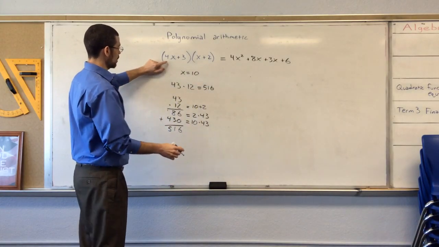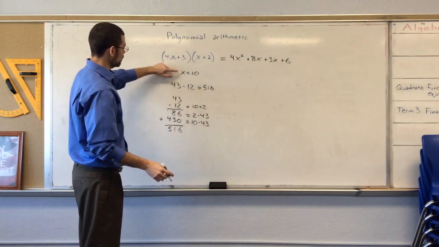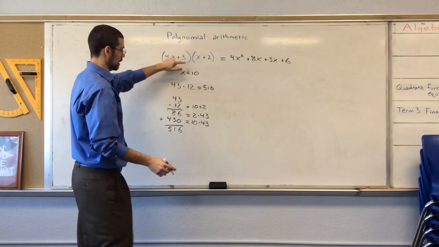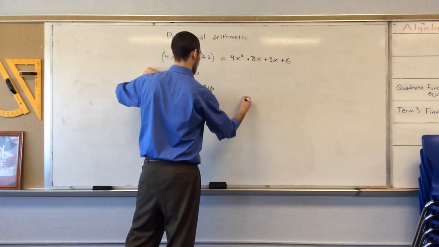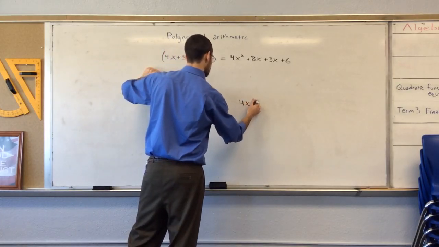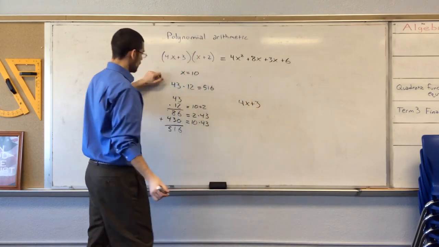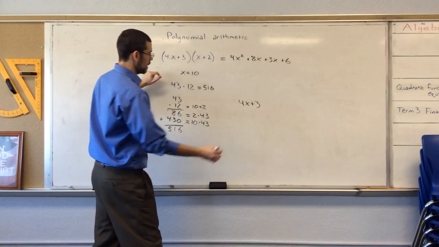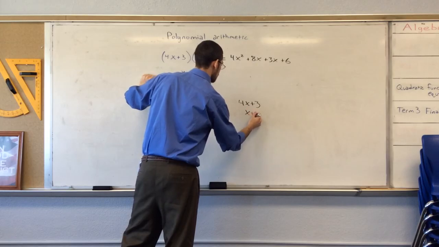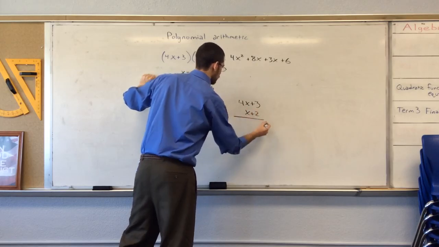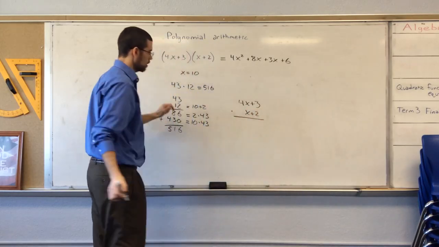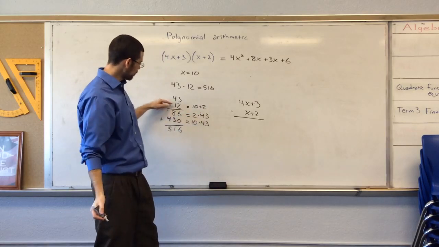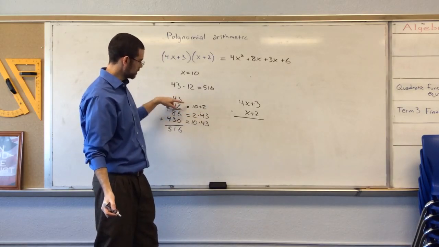Okay, so we have, instead of 43, because the x was 10, we just have 4x plus 3. So we'll write that, 4x plus 3. And then we're going to multiply by x plus 2. Now, the first step we took here was to multiply the ones times this entire expression.